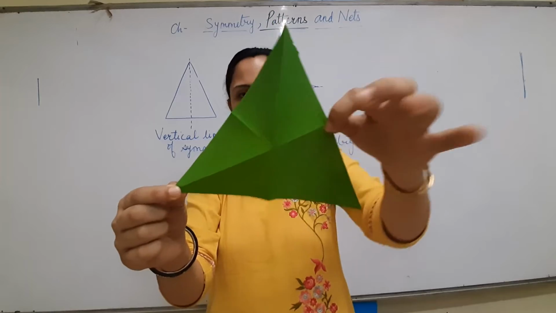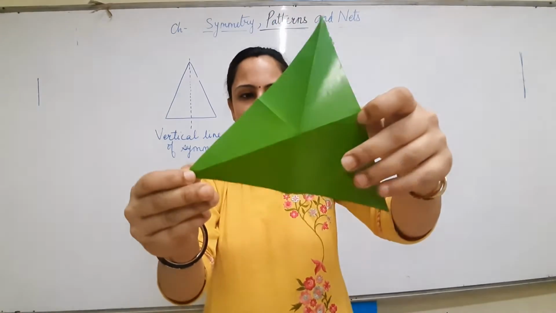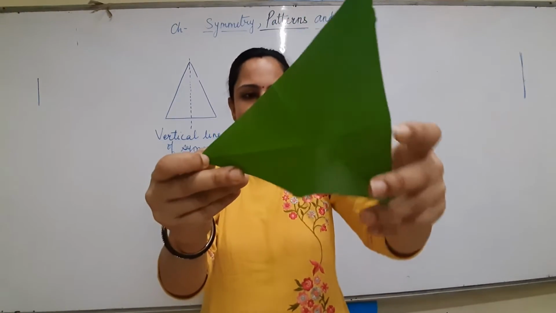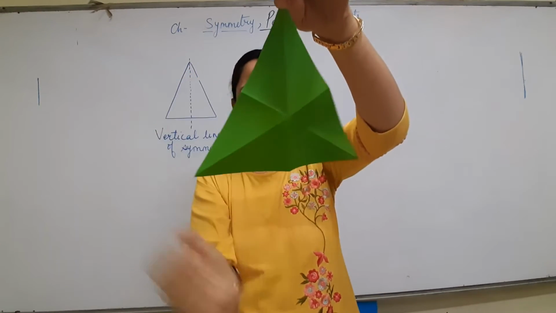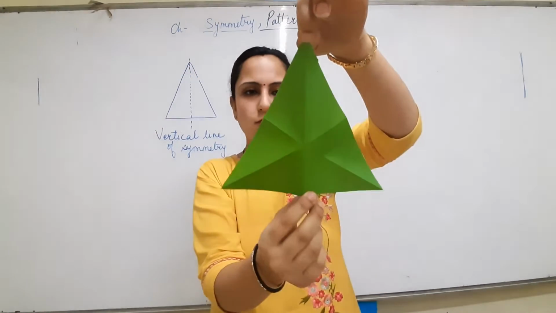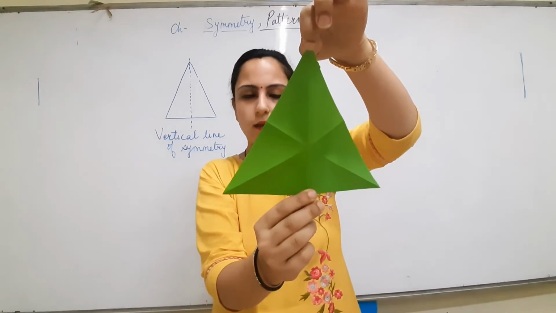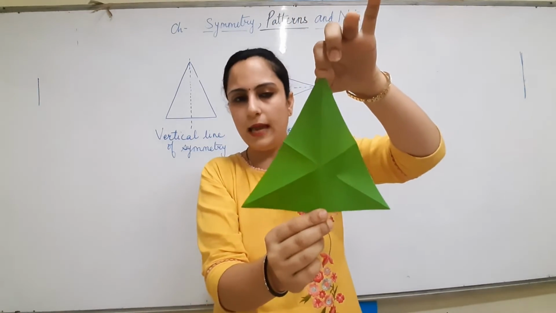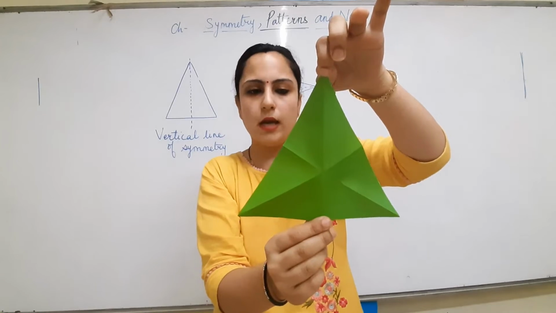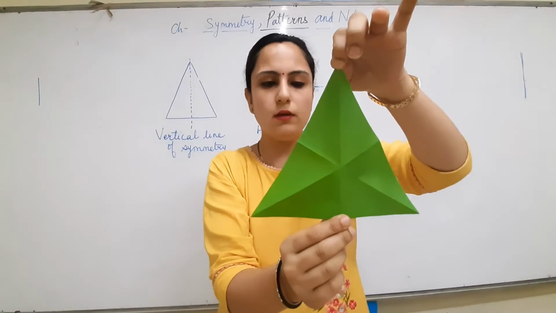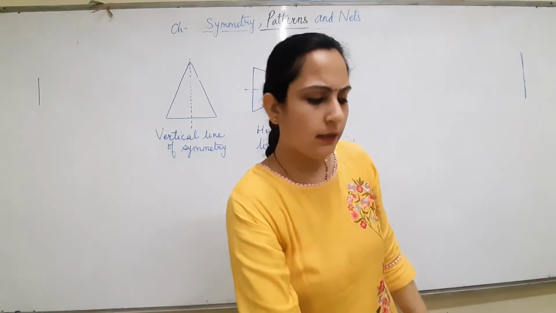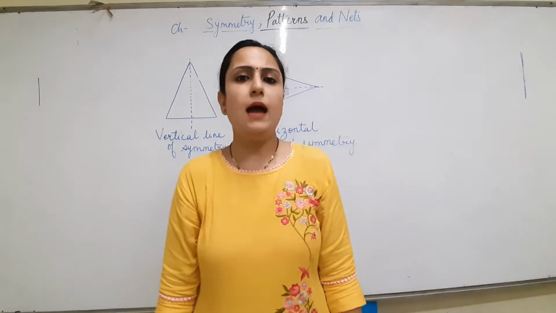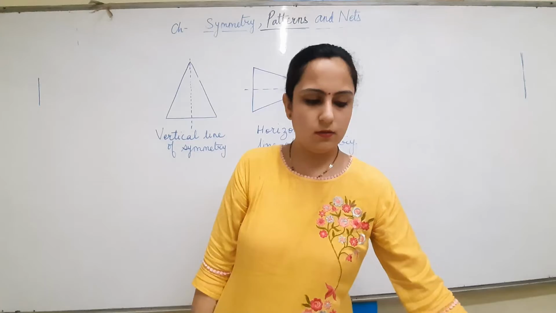One line from a vertex to the midpoint of the opposite side, and the same for the other vertices. So 3 lines are formed in this equilateral triangle. These lines are known as lines of symmetry of the equilateral triangle, or you can also call them axes of symmetry.